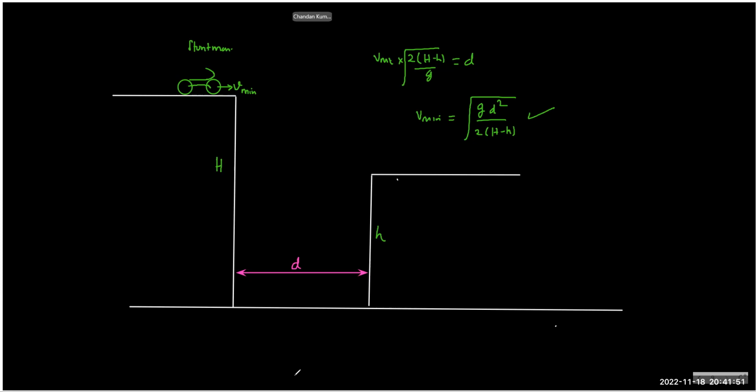Given the range, can you find the initial velocity? I hope this is clear to all of you. Is it clear? Yes or no? Tell me, guys. Is this clear to all of you?